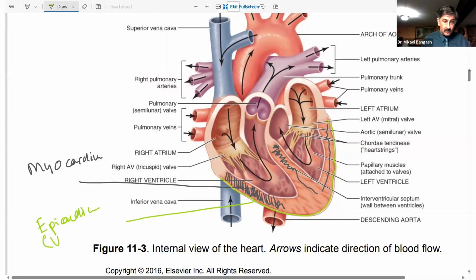But it would also be the same as the visceral layer of the pericardium. Is that clear?